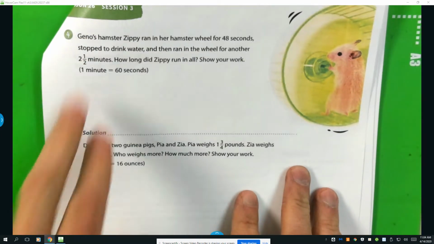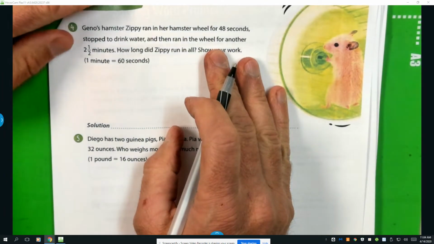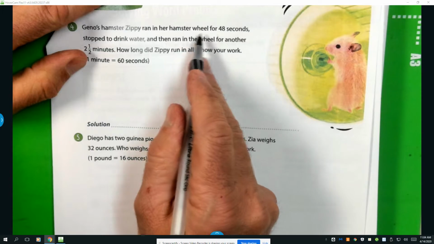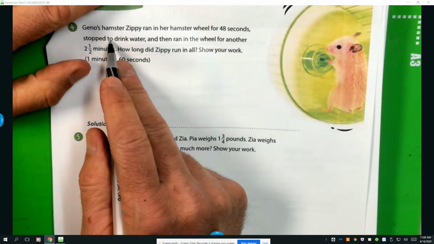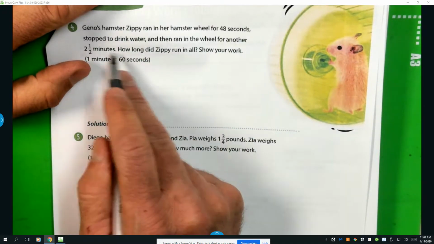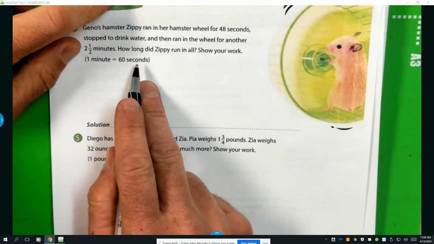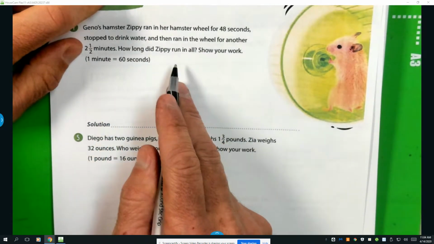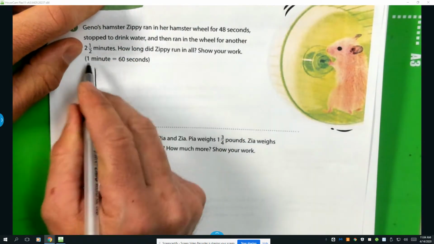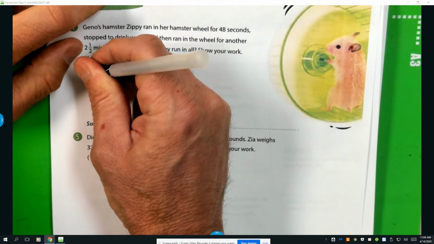Gino's hamster Zippy. Man, that's a lot of crazy names right there. Zippy ran in her hamster wheel for 48 seconds, stopped to drink water, and then ran the wheel for another 2.5 minutes. How long did Zippy run in all? Show your work. So let's start with what they give us, 1 minute, 60 seconds.